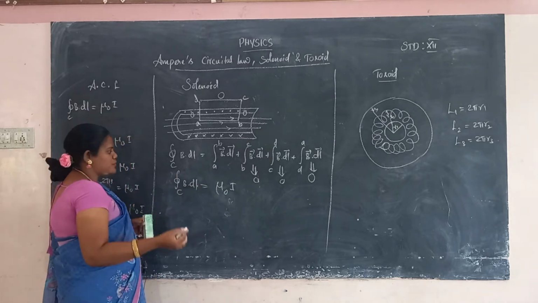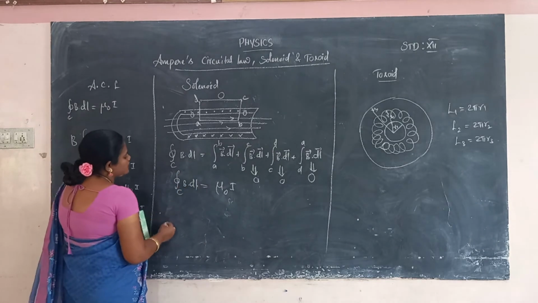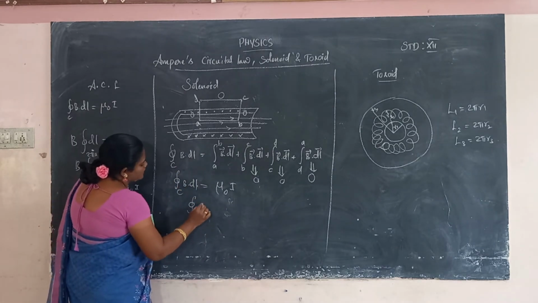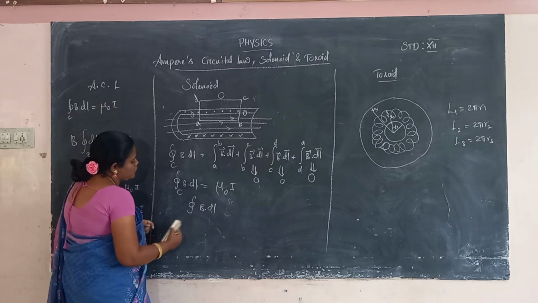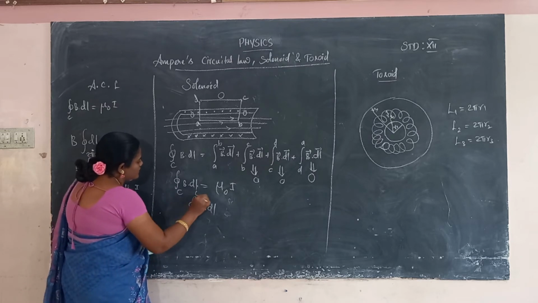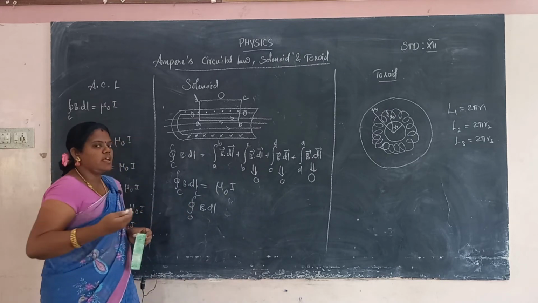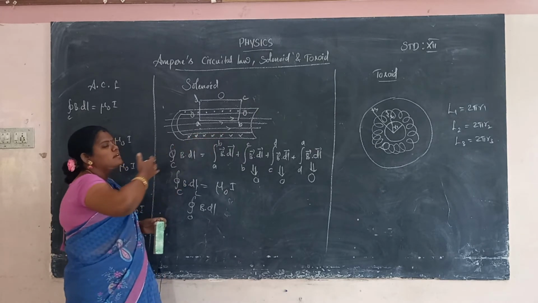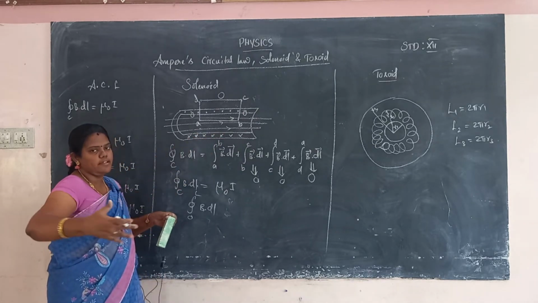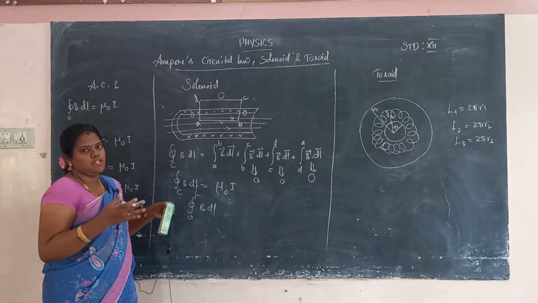Now we have to substitute the n number of turns in the solenoid. The closed integral of B dot dl is equal to the integral with limits 0 to L, where L is the total length of the solenoid, because the length of the conductor is the same as the length of the solenoid.